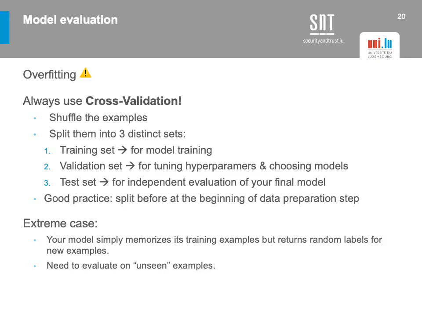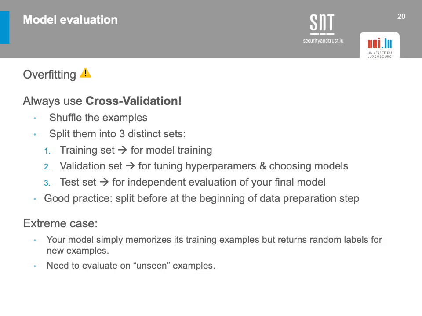The first set is the training set. The training set is, as its name says, for model training. So these are the examples that the model will see when it learns. The second one is called the validation set. This one is used for tuning hyperparameters and for choosing the model according to the strategy that we just saw.